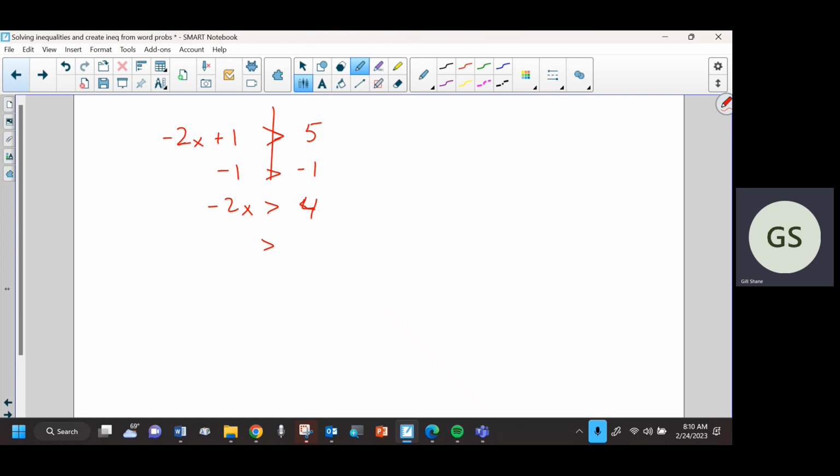When we do this step, we divide by a negative. Again, it has nothing to do with the top number over here. Sometimes that number will be negative and you'll divide by a positive number. It doesn't matter what your answer is. It's only when you divide or multiply by a negative, which is what we're doing right here. We are dividing by -2.